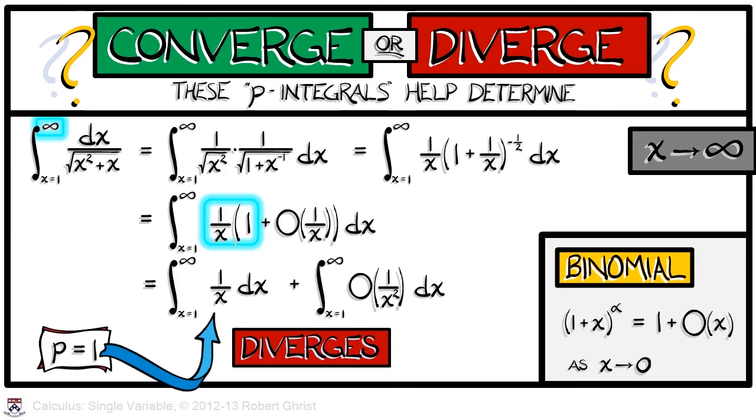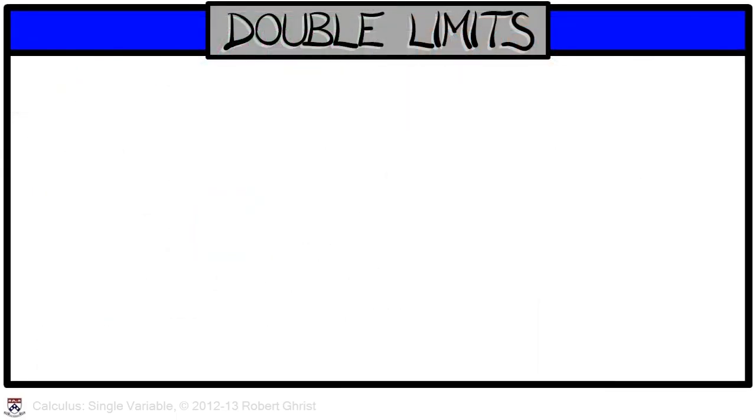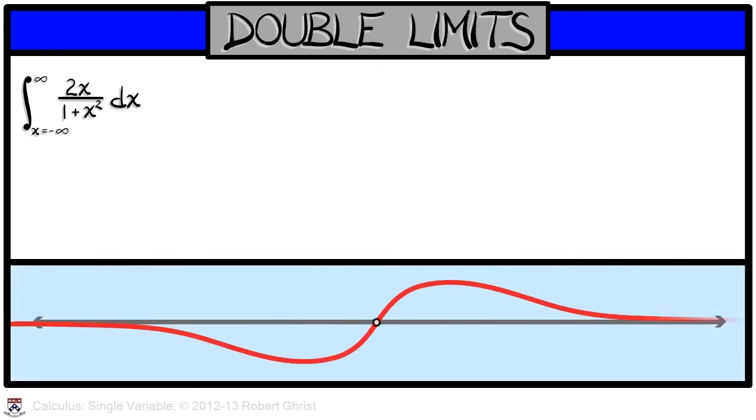There's one last thing we need to look at, and that is the problem of double limits. If you integrate something over the entire real number line, you might be tempted to evaluate the limit as t goes to infinity of the integral as x goes from negative t to t. Let's see what happens in this case.